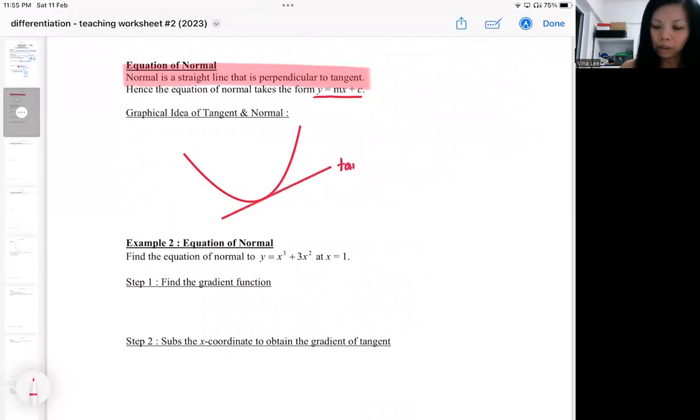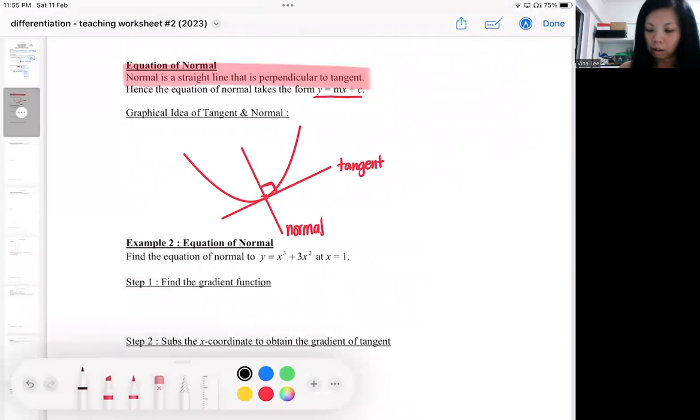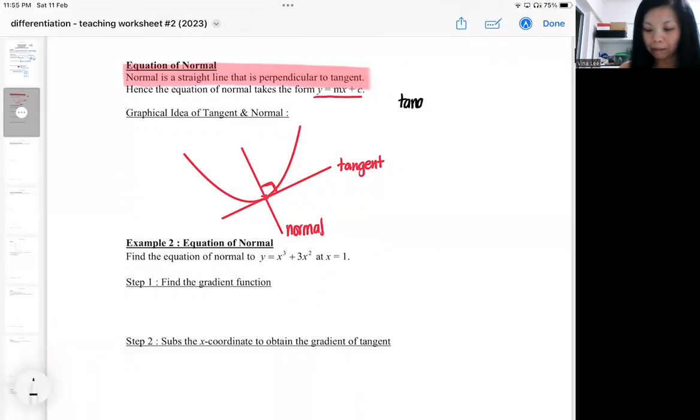A tangent will always brush past the curve. At the point of contact, you can have another line that is perpendicular. This one will be the normal. From the graphical idea, we know that the tangent will always be perpendicular to the normal.